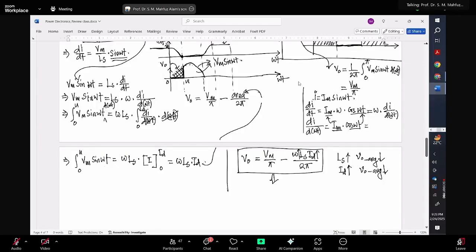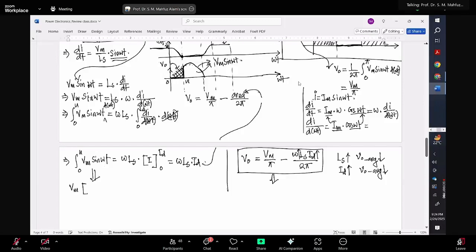Okay, another thing I forgot to explain is that sometimes you might be asked to get the value of the commutation angle. So if I continue this integration, my Vm, what is the integration of sine omega t?